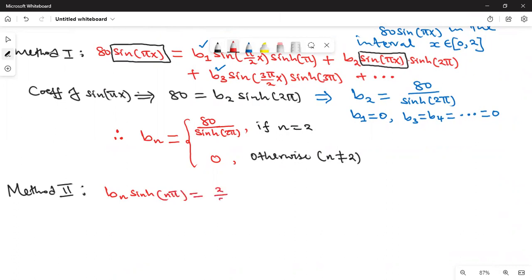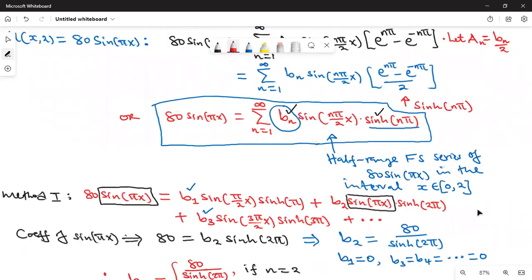2 over 2 times the integral from 0 to 2, our domain is from 0 to 2, of 80 sine pi x, times the other function. What was it? Look at our series.